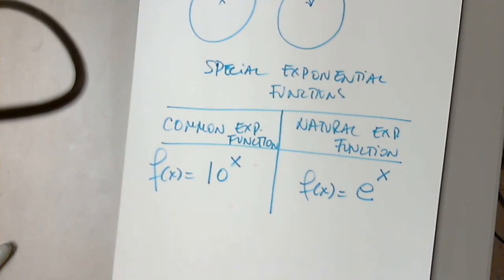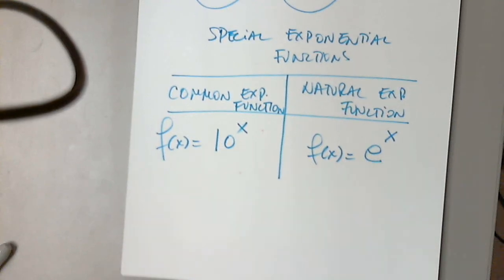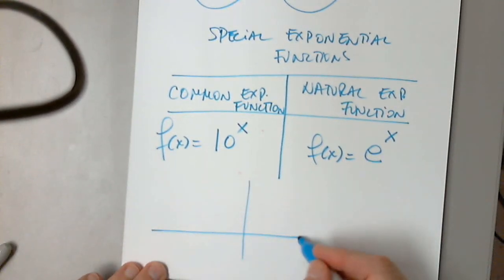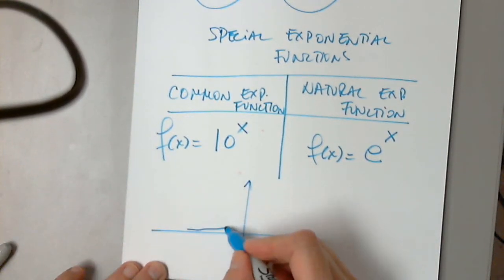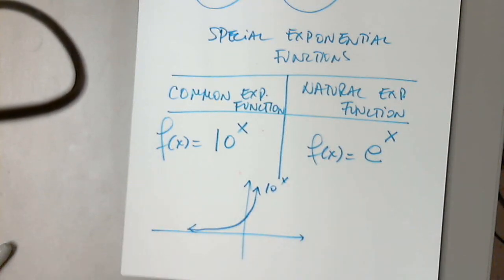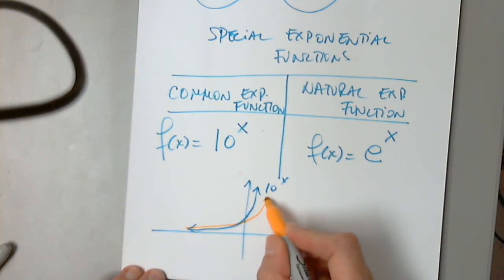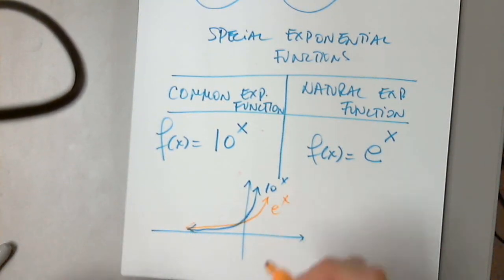Now, obviously, both of them have a base that is greater than 1, so both of them will look like this. One is 10 to the x, as we discussed last time, and the other one is slightly, not that far apart, but slightly further away from the y-axis. 10 to the x has a higher growth than e to the x, because e is roughly 3 and this is 10.